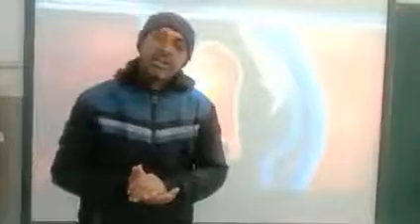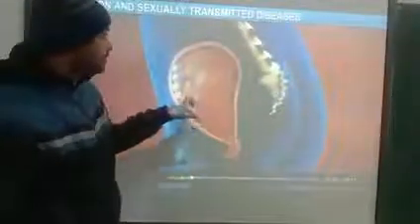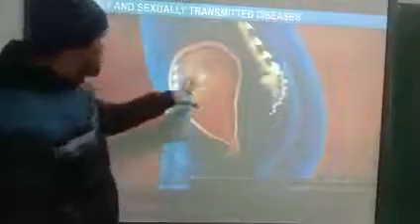This sticking of the embryo to the wall of the uterus is called implantation. After that it will further develop and form the fetus. This is the structure of a developing fetus, in the mother's womb, which carries the developing baby.